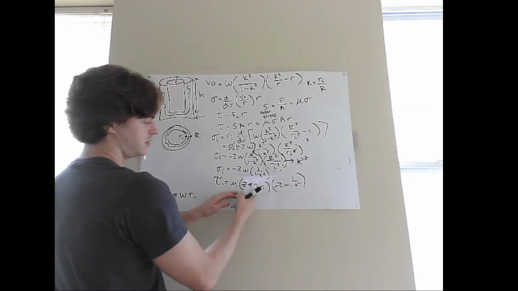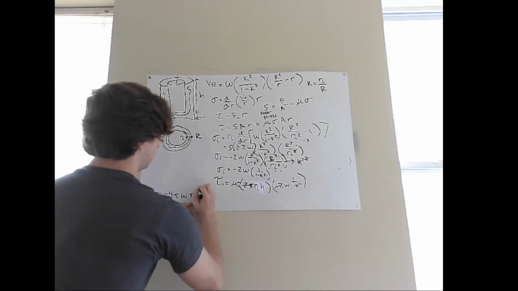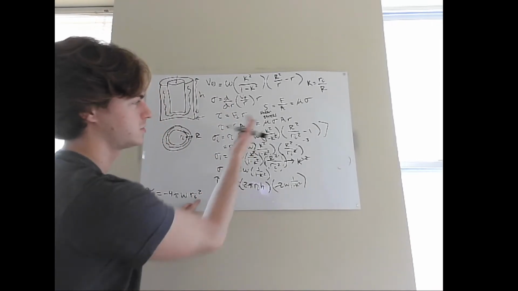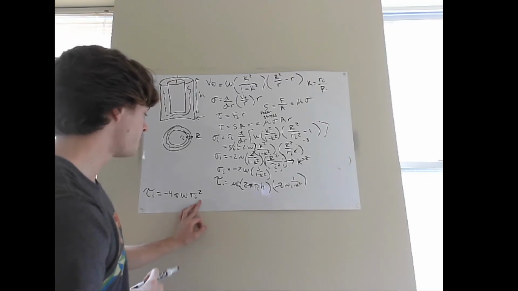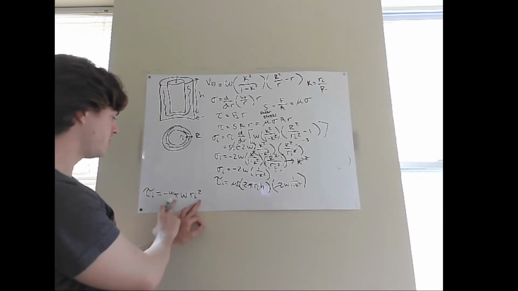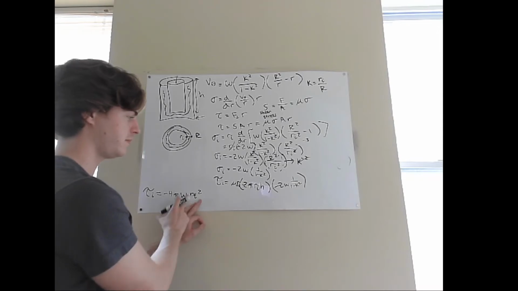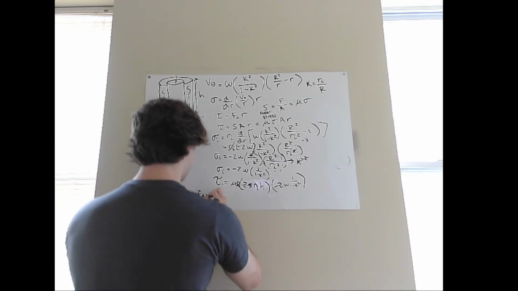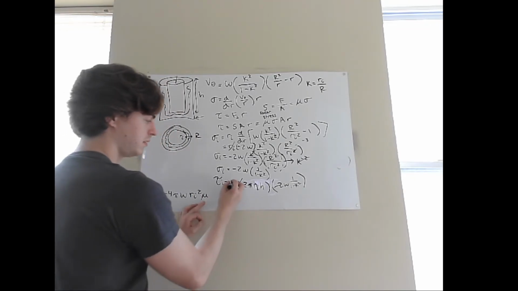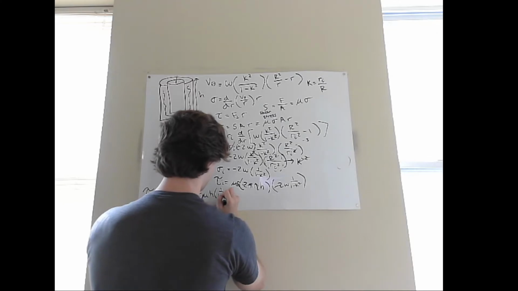So instead of just being r, it'll be 2 ri. And so this will just end up being r squared. That was just a small mistake. I forgot to carry over the radius for our torque equation. So going from here, it'll be negative 4 pi angular velocity times the inner radius squared. That takes care of these, times the viscosity of the fluid, times the height times 1 over 1 minus k squared.